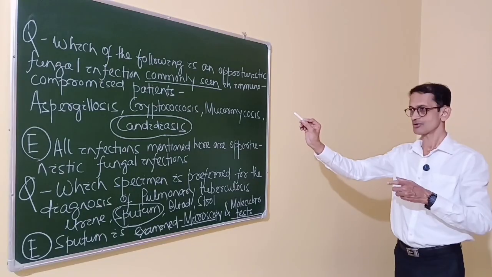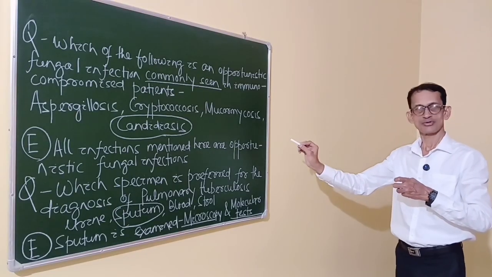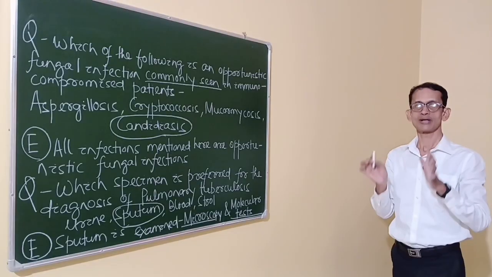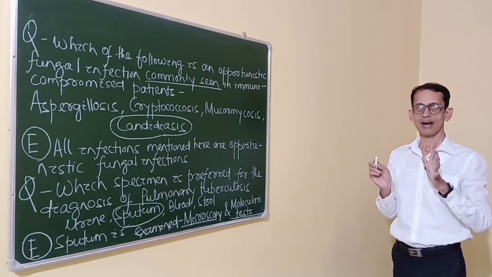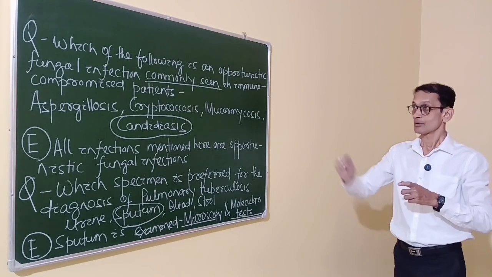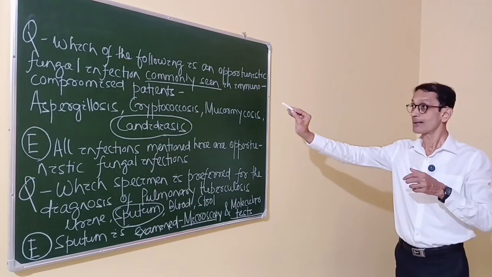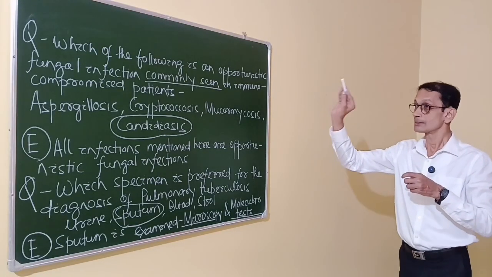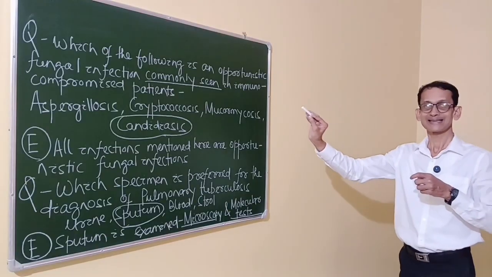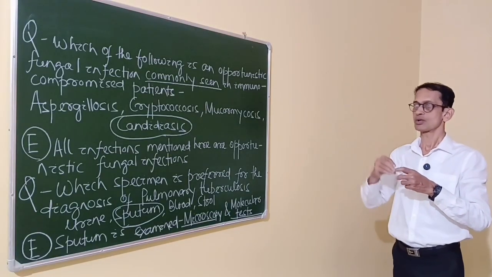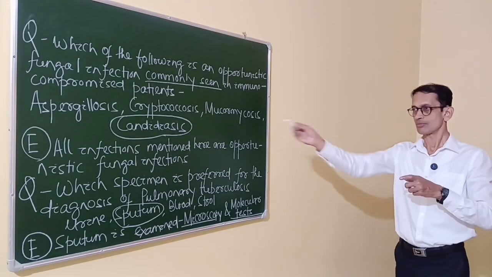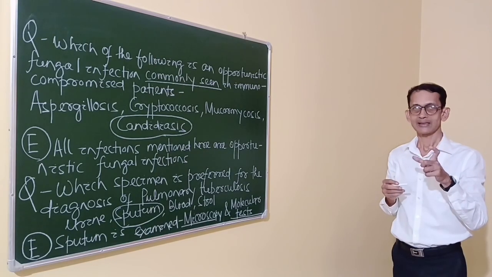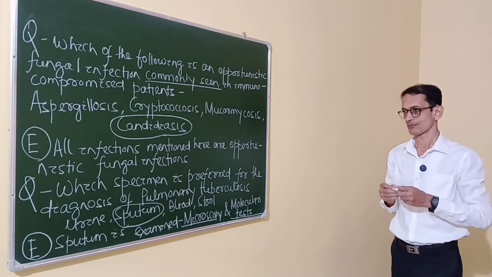All infections mentioned here are opportunistic fungal infections. Opportunistic fungal infections always occur in immunocompromised patients. But what is the question here? Commonly seen. So when the question is the fungal infection commonly seen in immunocompromised patients, you have to mention candidiasis caused by the fungus Candida albicans.